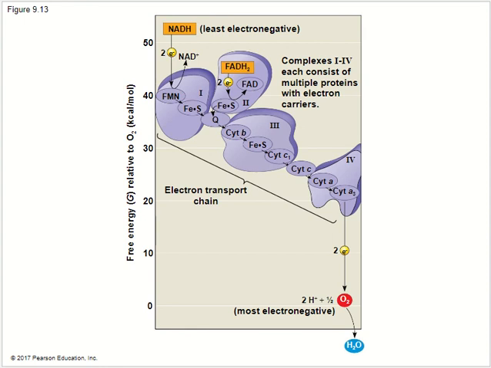Here we're looking at a very huge complex, 1 through 4, each consisting of multiple proteins with electron carriers. What's relevant is that NADH and FADH2 that were produced earlier are now getting oxidized, which is allowing the course of this electron to go through multiple steps to eventually reach water.